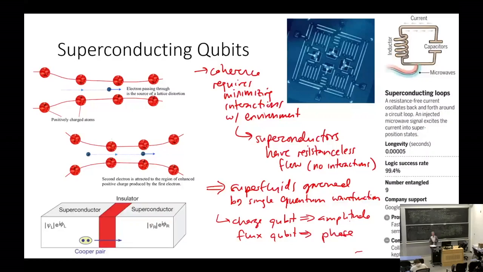As I mentioned when we introduced SQUID magnetometers last class, the key component in all these superconducting qubits is the Josephson junction, which is shown in the bottom left there. That's a thin layer of aluminum oxide, our insulating buffer layer in between two superconducting regions.